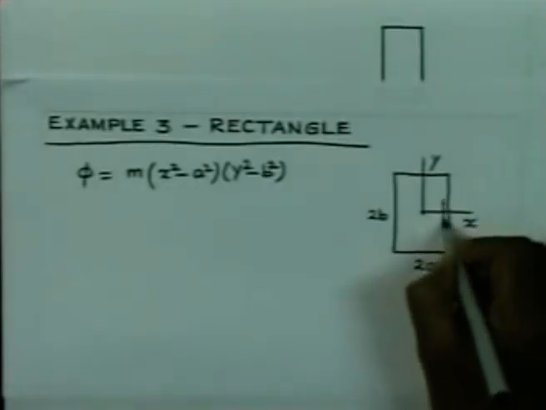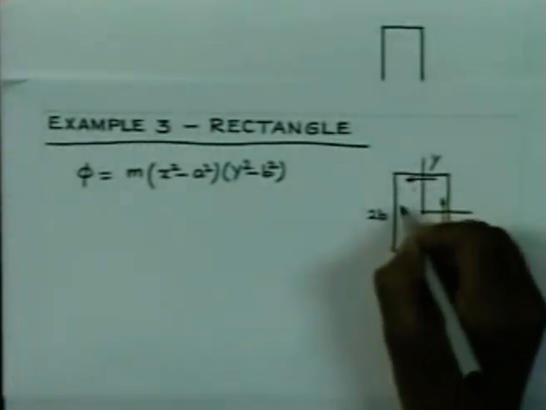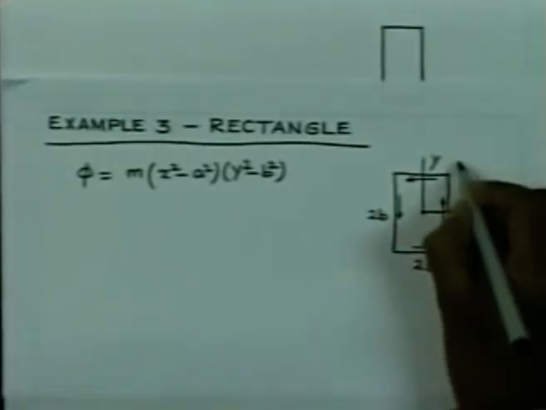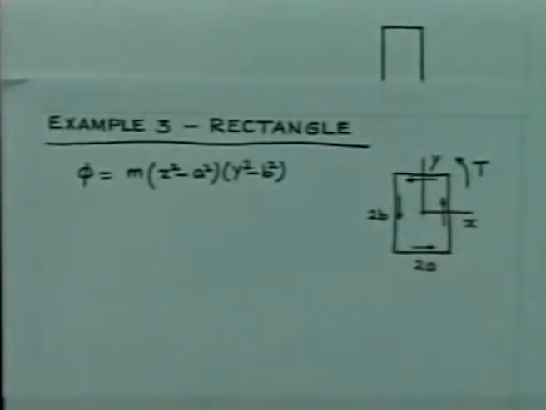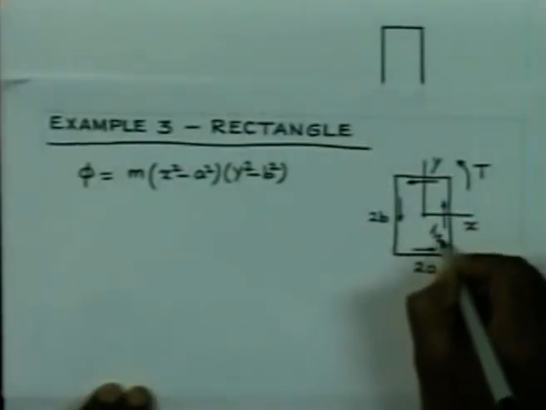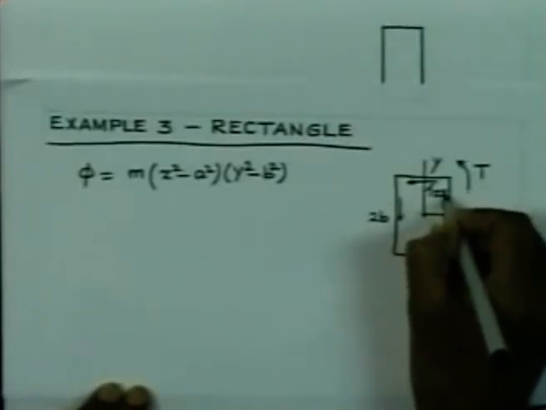The stress directions are going to be parallel to the boundary like this. This is the direction of torque, and the stress here is nothing but tau zy, and the stress at the end of the y axis is tau zx.